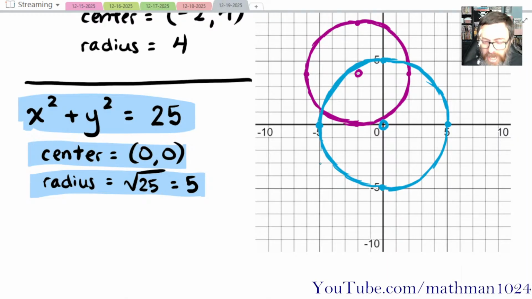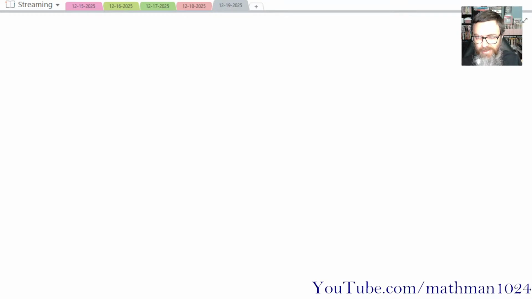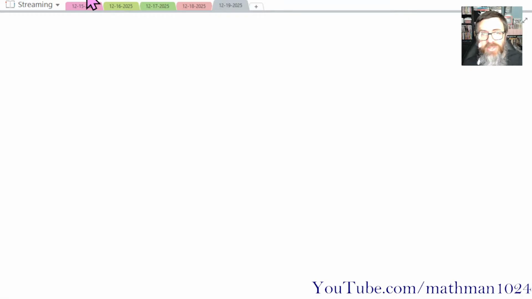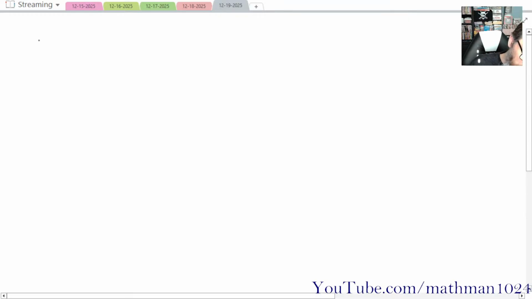Now, sometimes there's a little bit more work to be done when it comes to these. All right. So sometimes things are not written in that nice center radius form. And sometimes we have a problem that looks like this.